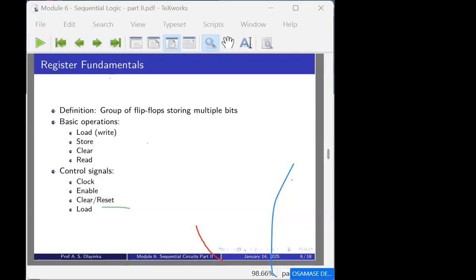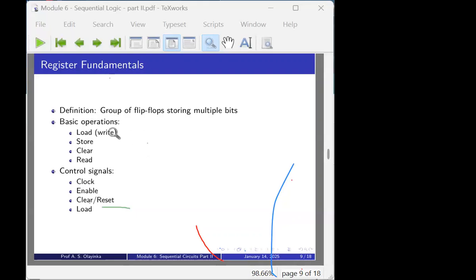Now, registers are used in microprocessors, memory devices, and digital systems for temporary data storage, for data manipulation, and for data transfer. And we have several examples of them. Let's quickly look at their basic operation.